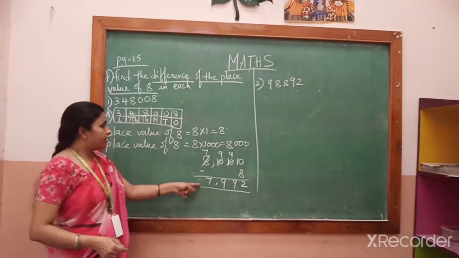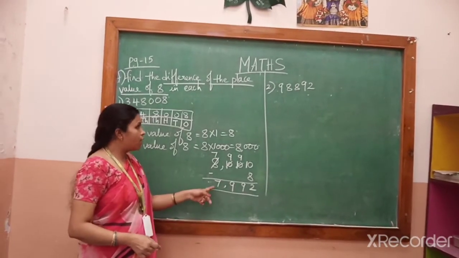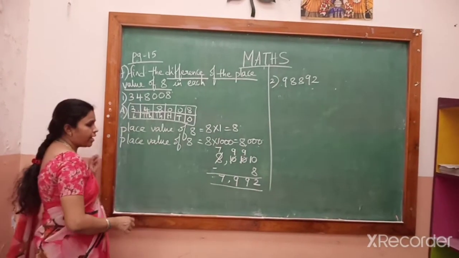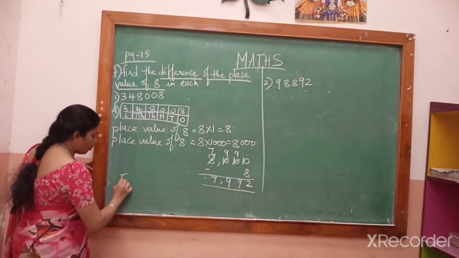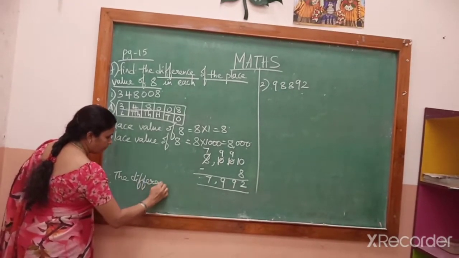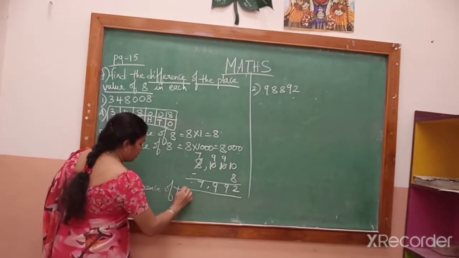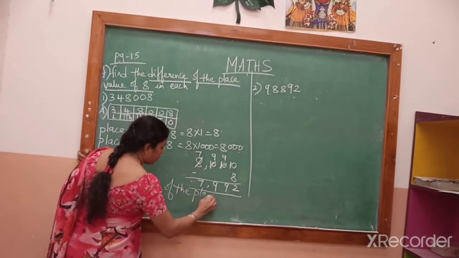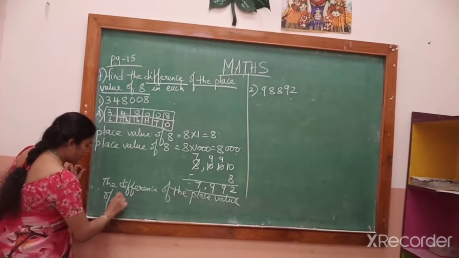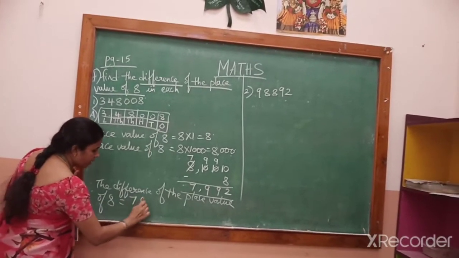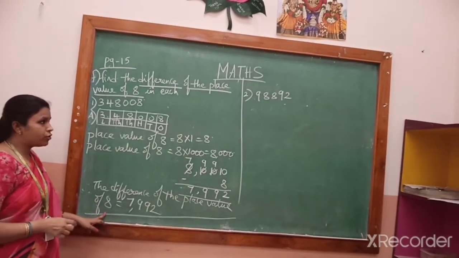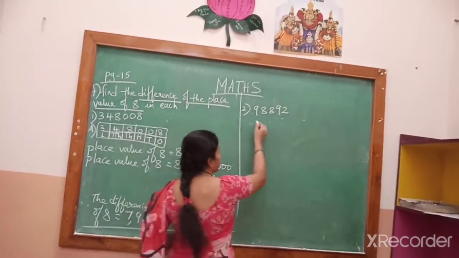That means the difference of the place values of both the 8s is 7,992. Therefore, the difference of the place value of 8 is 7,992. Understood, children? Same way we will try the next one.